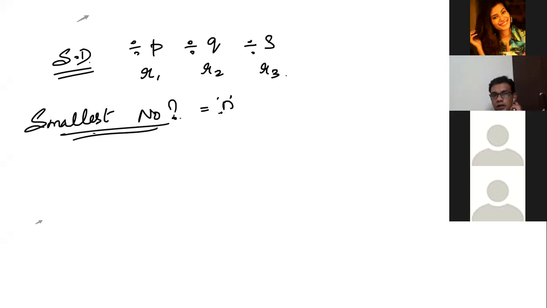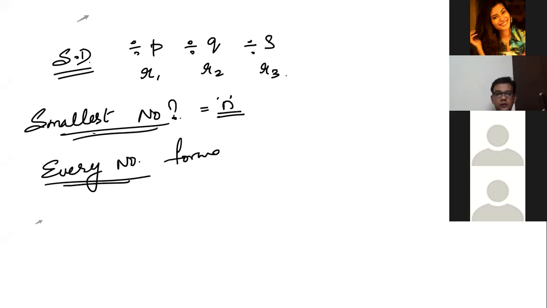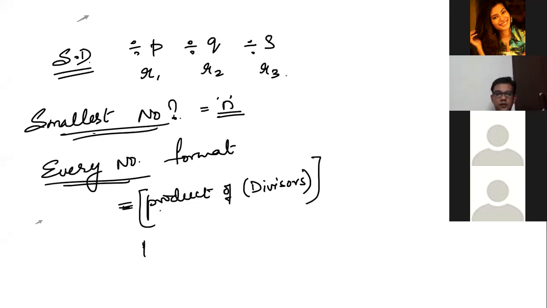Once you have done that and found the smallest number, every number will be in the format of the product of divisors, in this case P into Q into S, and its multiple, let's say K, plus the smallest number you found.